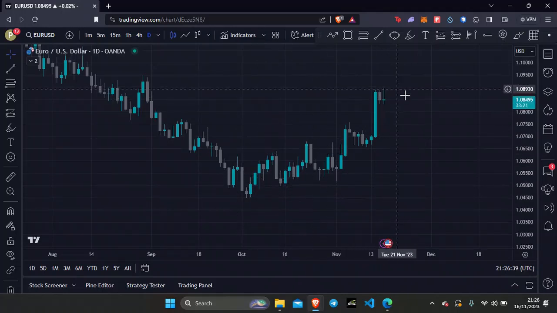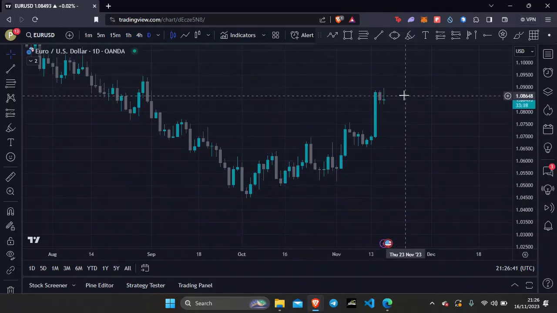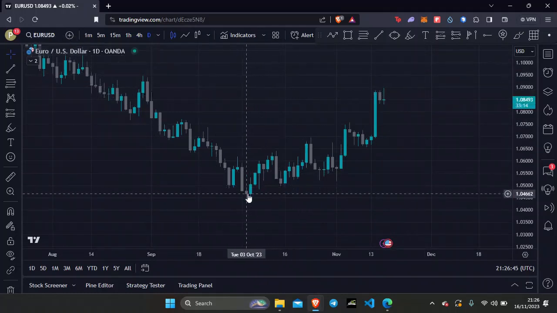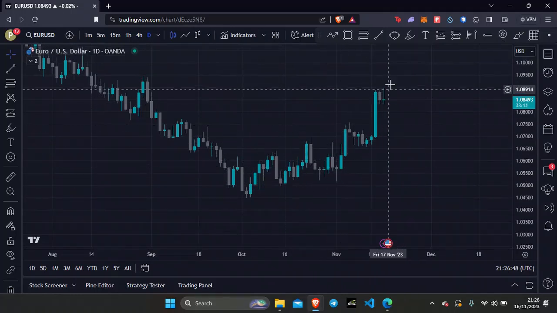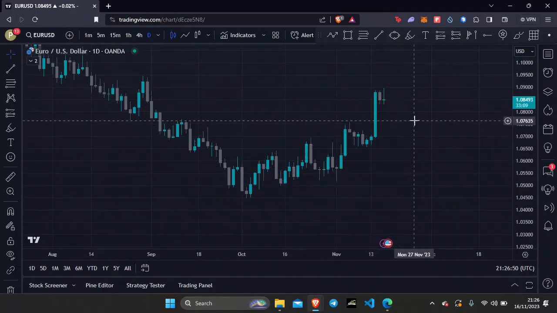In this little leg of price, it tells you everything that has happened with the euro versus the dollar, because it shows you where price is, what's happening with it, where it's moving to, where it's going.